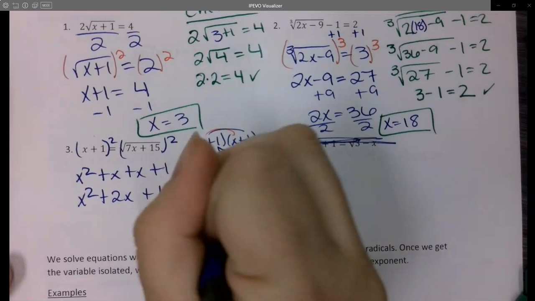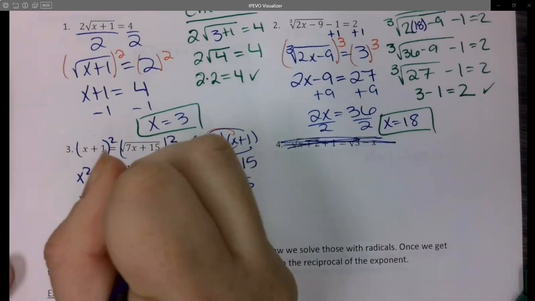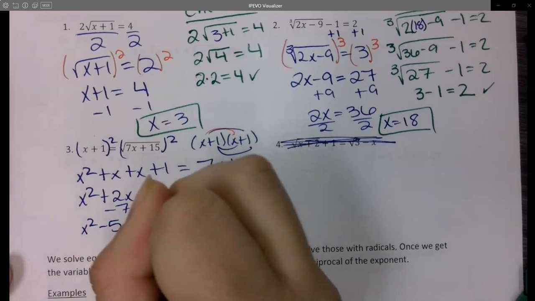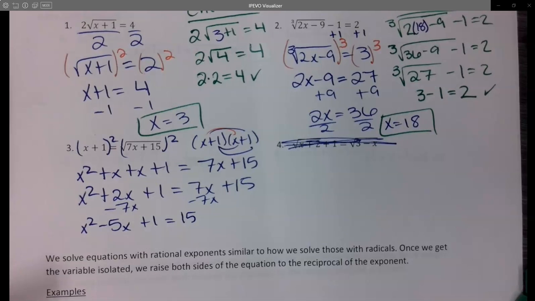Okay, then I want to go ahead and subtract 7x on both sides. It's going to get me x squared minus 5x plus 1 equals 15.